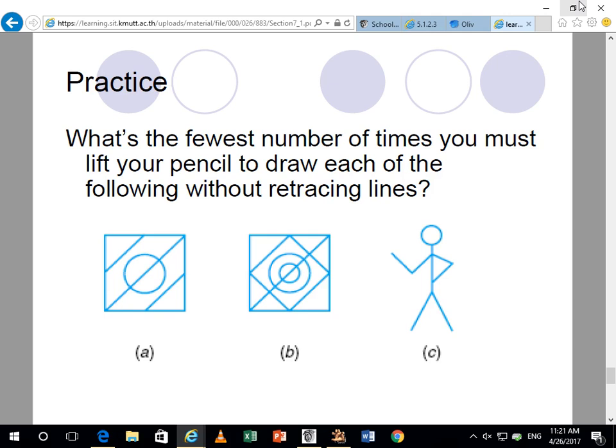Maybe the answer is correct. You have to lift your hand twice, your pencil twice. So there are multiple solutions, but it looks like so far you found the fewest number of times you must lift your pencil is 2. Anyone find anything less than 2?